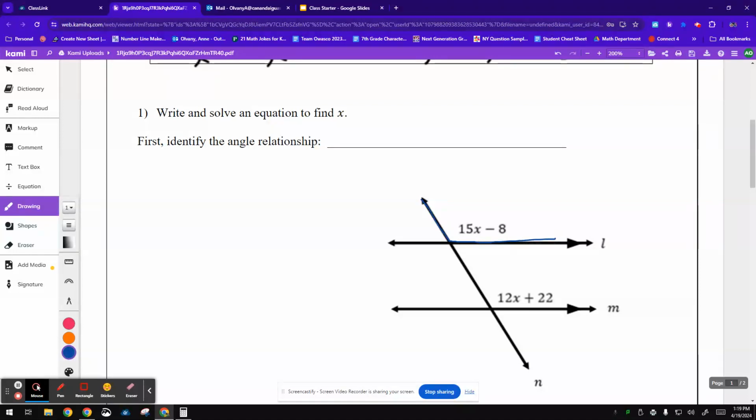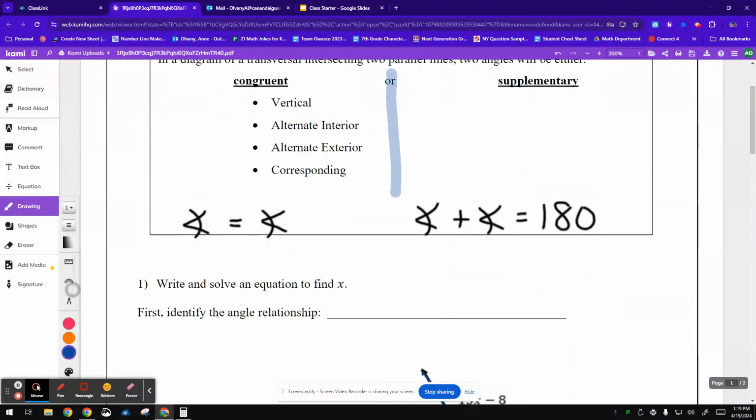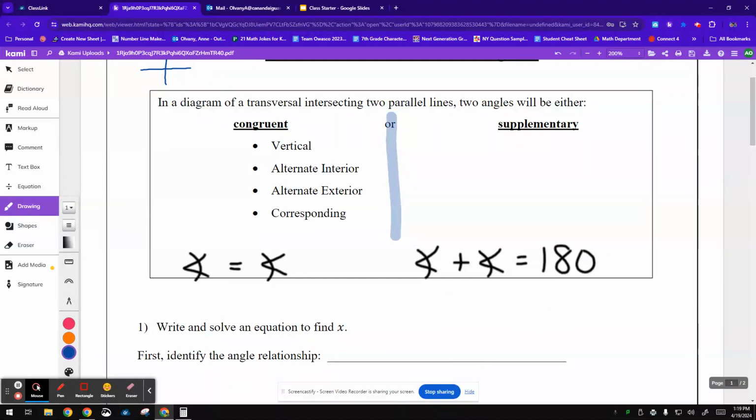Jack, what kind of an angle is that? It's obtuse. Obtuse has to be 91 or greater, right? What's 91 plus 91? 182. Can these angles be supplementary? No, they are not. So it has to be something over here.